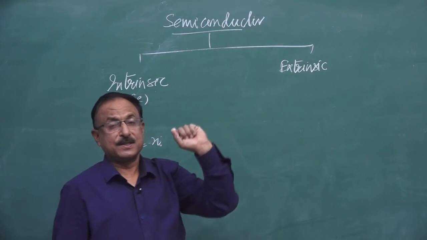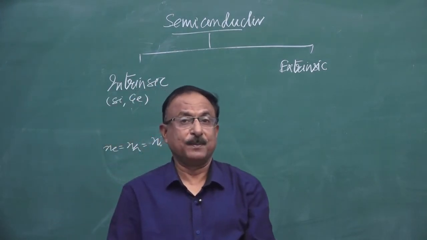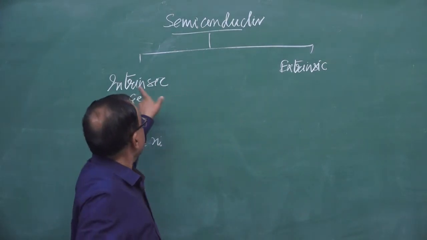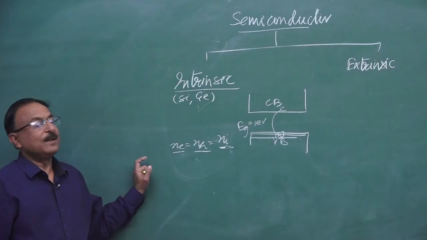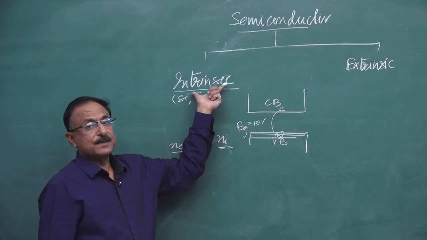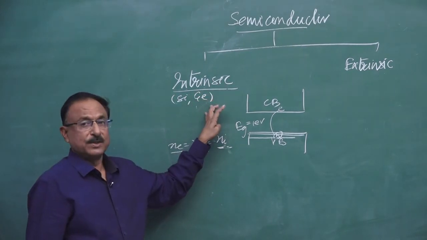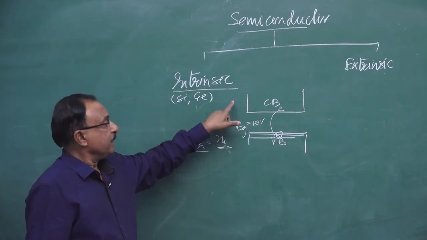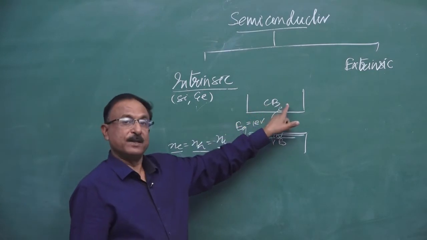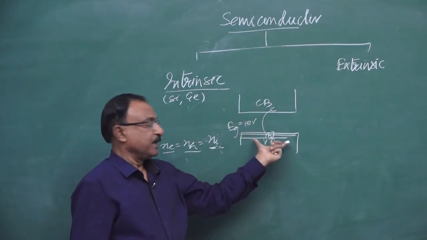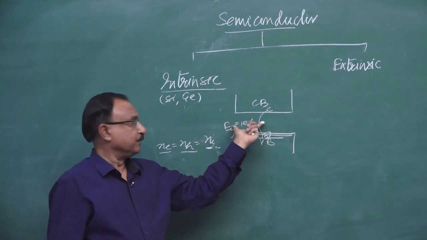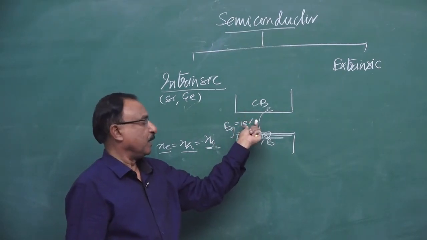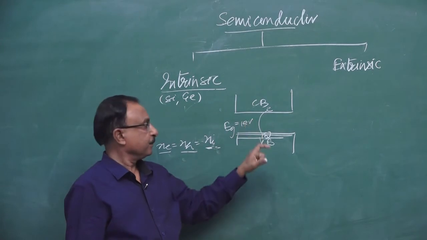Semiconductors, as we have discussed, are again of two types: intrinsic semiconductor and extrinsic semiconductor. Intrinsic semiconductors are pure crystals of the semiconductor. In the intrinsic semiconductor, the conduction band is empty and the valence band is completely occupied. The forbidden gap is of the energy of about 1 electron volt.